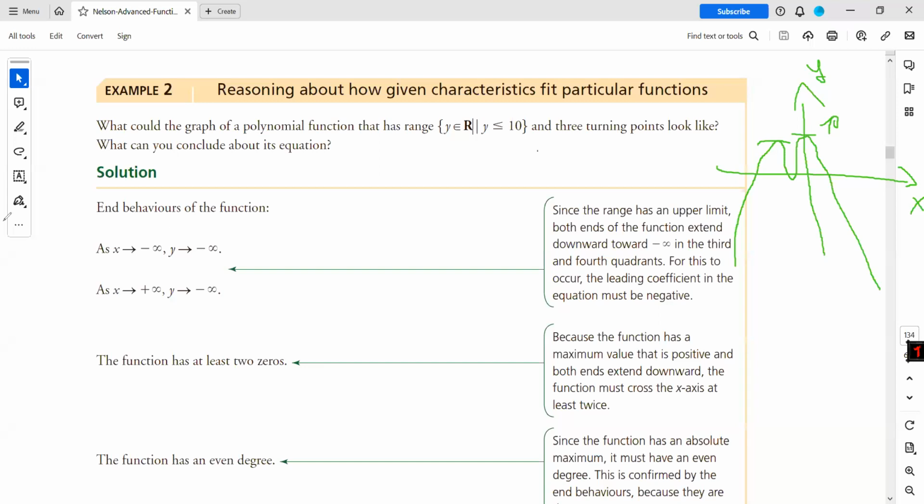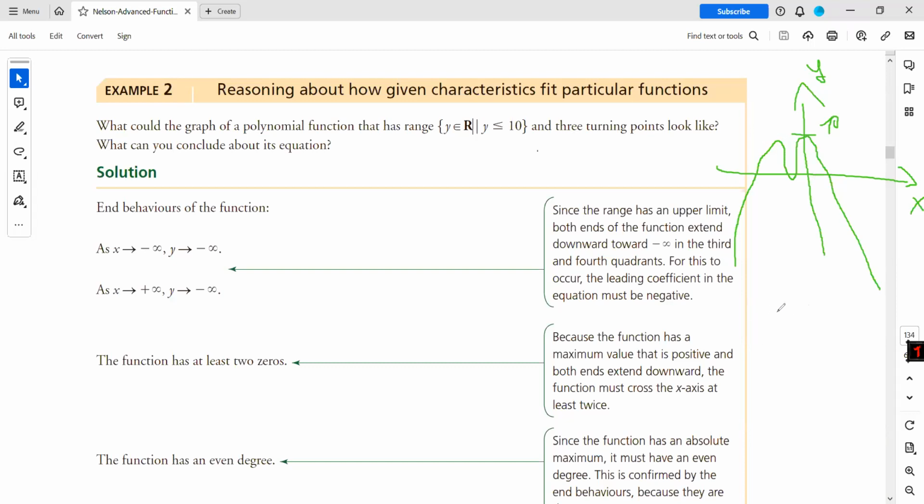One of them would be the absolute maximum value, 10. So we know that we have three turning points, and we know that in order to have three turning points, the degree of this function should be greater than 3, right? And should be greater by 1, at least.